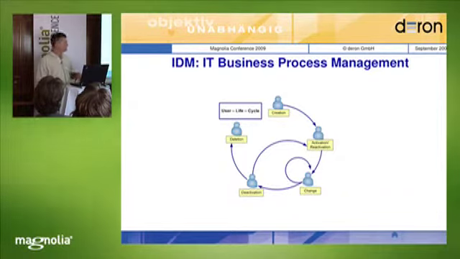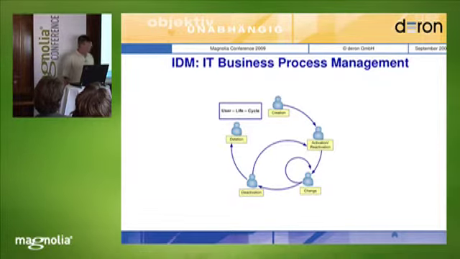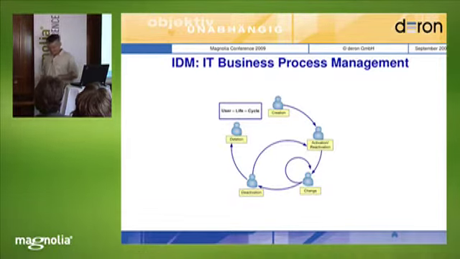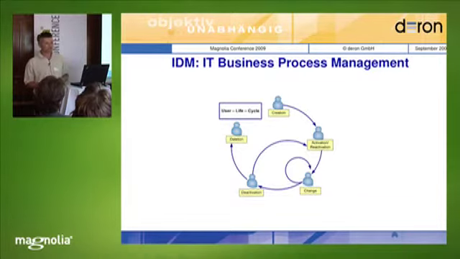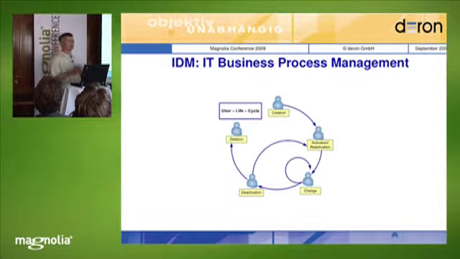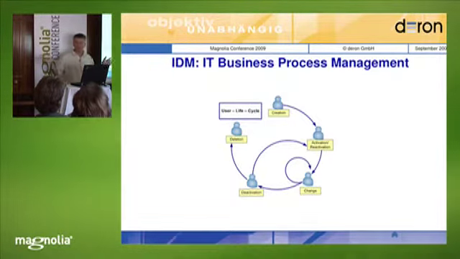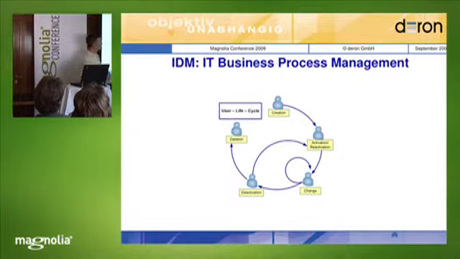What happens in the life cycle of a user? The first step in this life cycle is that a user gets hired by a company, starts his business at a company, external consulting, for example.